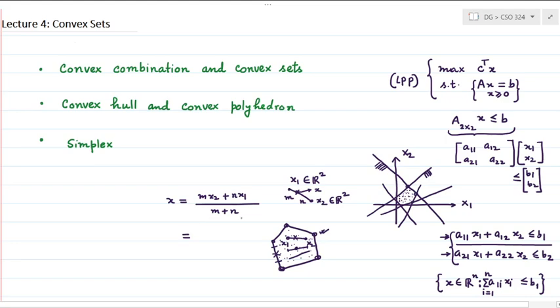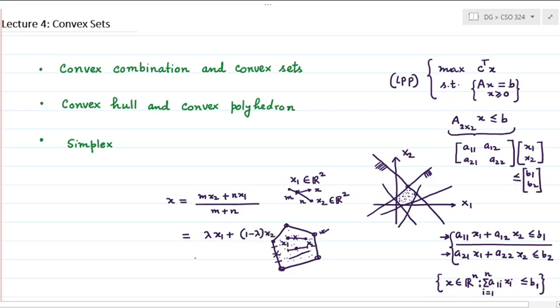m divided by m plus n. So if I am denoting lambda as n divided by m plus n, then you notice that it is lambda x1 plus m divided by m plus n, which will be 1 minus lambda, into x2.